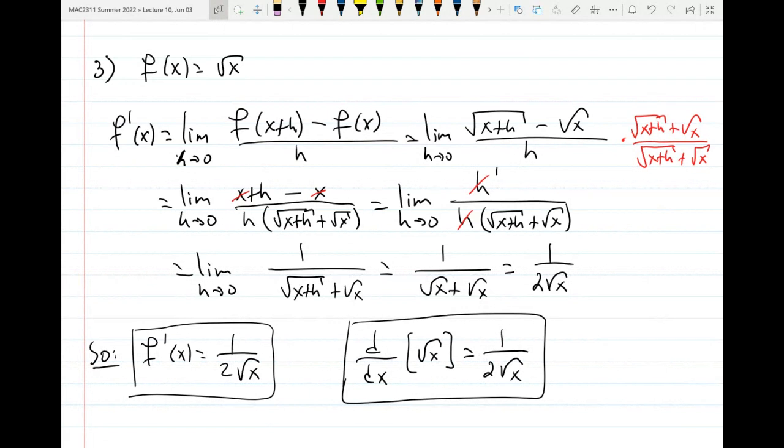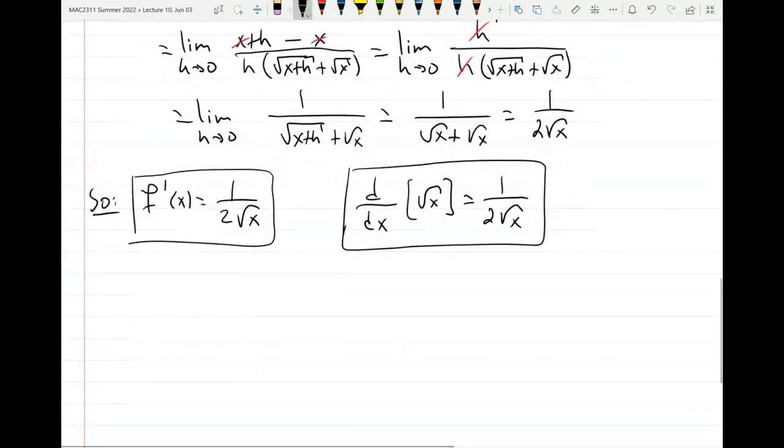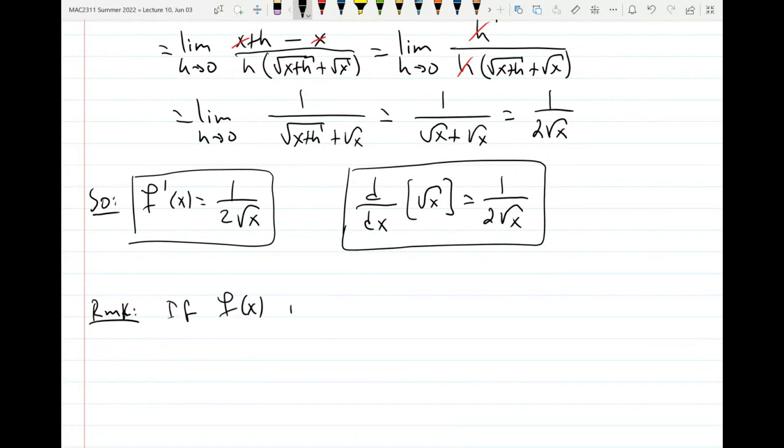So I just wanna say one thing. So remark, if f of t is a position function, let me call it f of t, because typically, when we talk about a particle moving, our input variable is time.